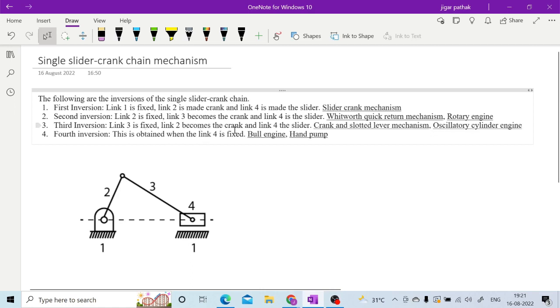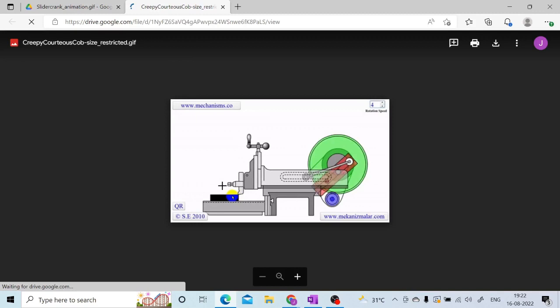So link 3 is going to become the crank, and link 4 is anyway the slider. Where it is used is in the Whitworth quick return mechanism, right? This Whitworth quick return mechanism is used for cutting operations and all. In your shaper and slotter and all, you are having this Whitworth quick return motion mechanism.